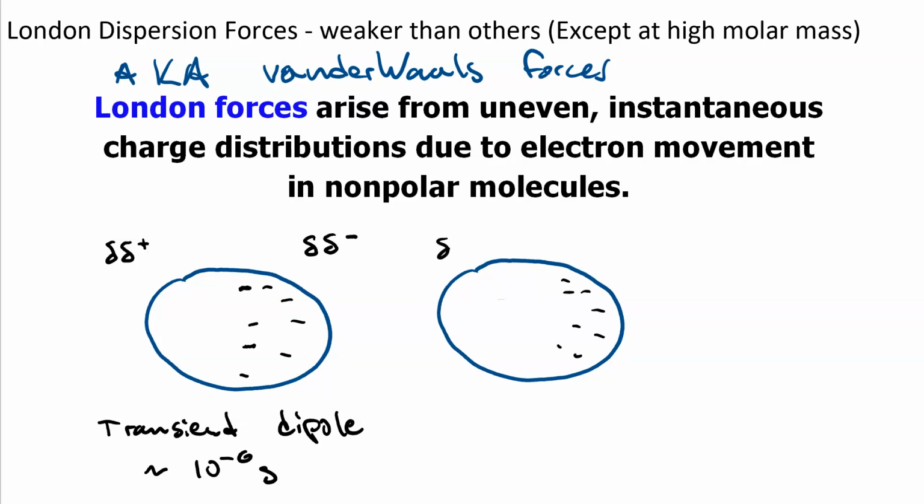And so now we have, again, a sort of a dipole. And this is an induced dipole. Again, a lifetime of 10 to the negative 6 seconds or so. But in that brief instant, there is an attractive force between them, and we call it London dispersion forces, or LDF.